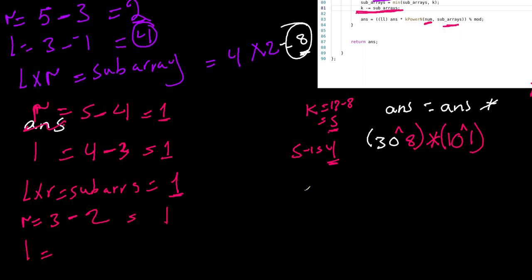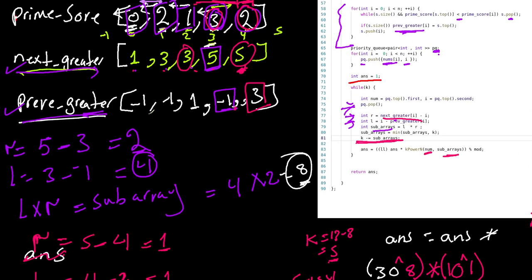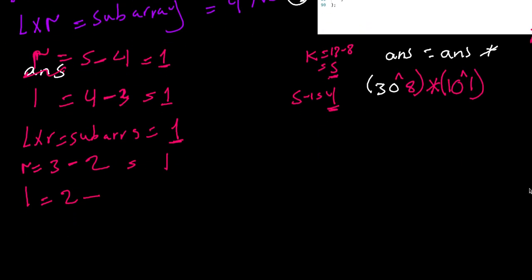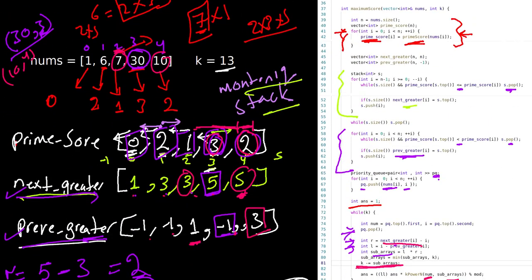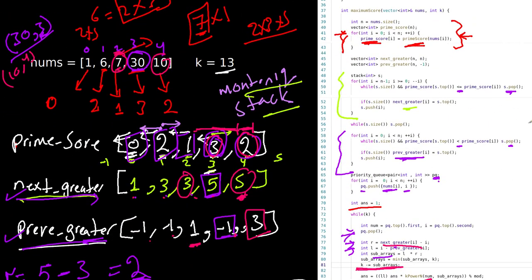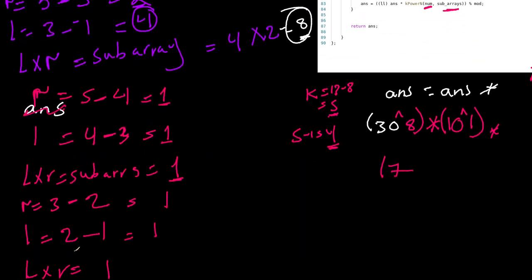L equal 2 minus the previous greater element at 2, which is 1. 2 minus 1 equal 1, so L multiplied by R equal 1, so we multiply the answer by 7, the original number, to the power of the number of subarrays, which is 1, and we subtract 1 from k, 4 minus 1 equal 3.